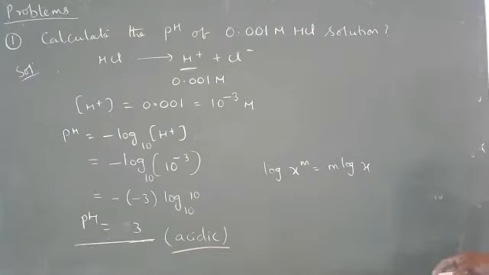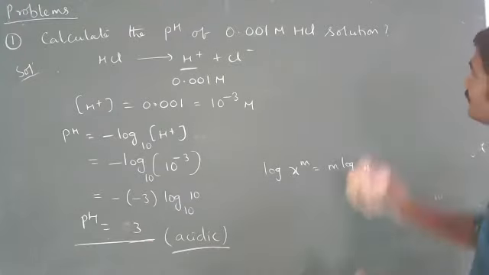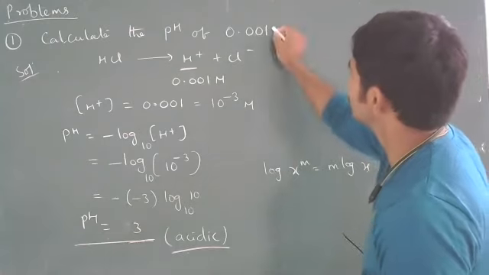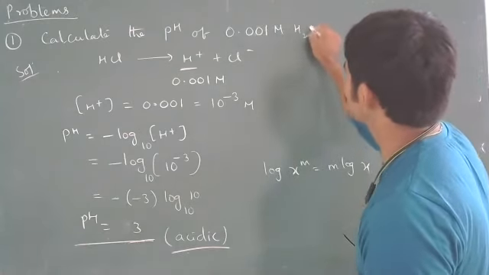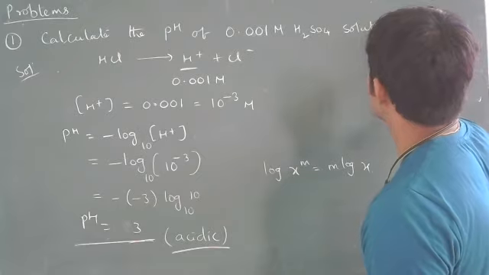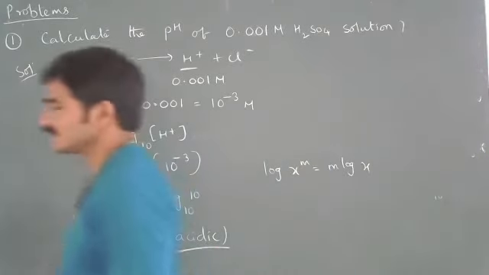Okay. Next problem. Calculate the pH of 0.01 M H2SO4 solution.